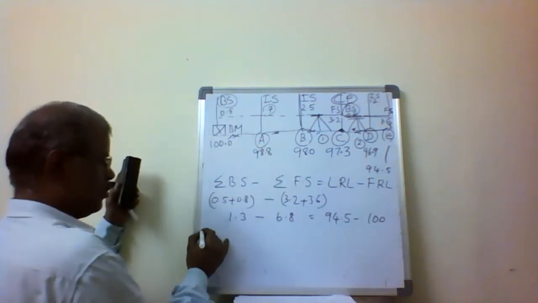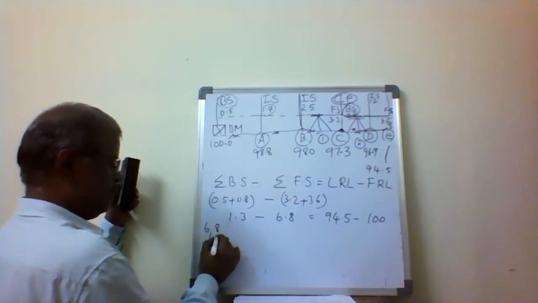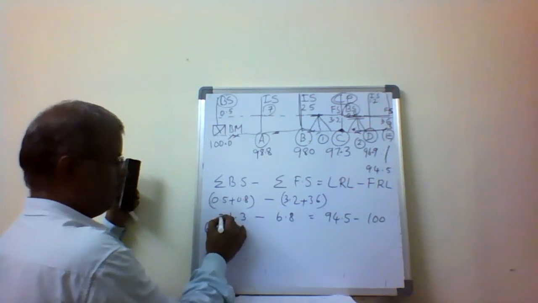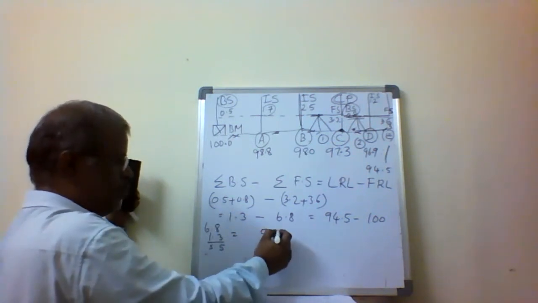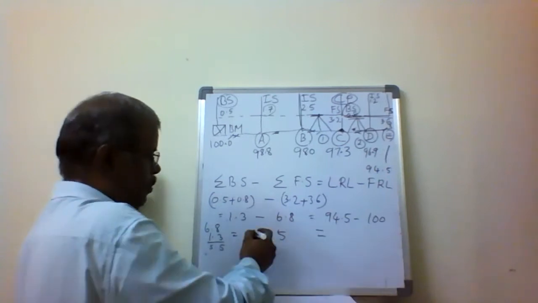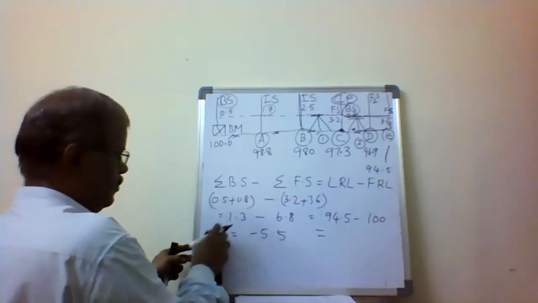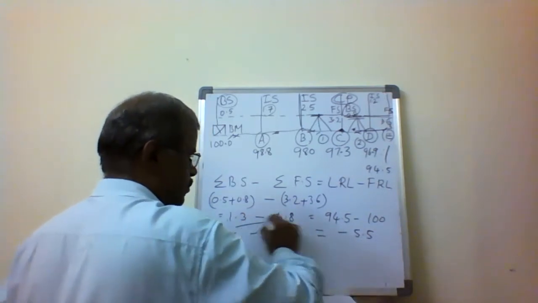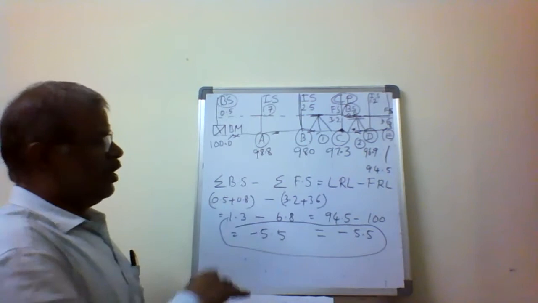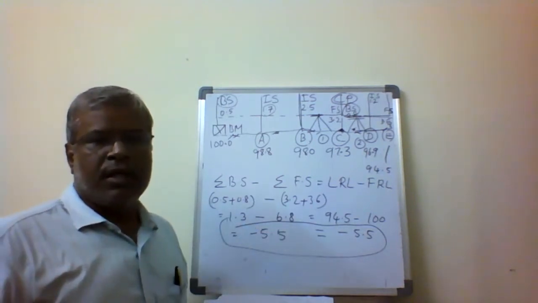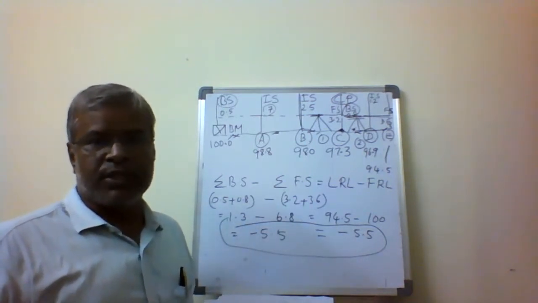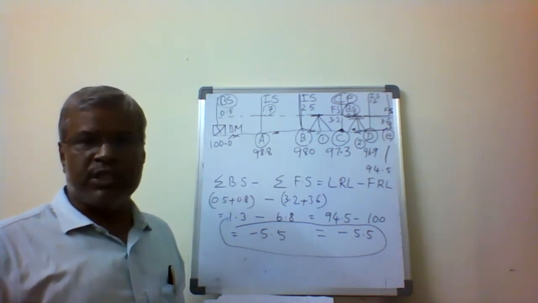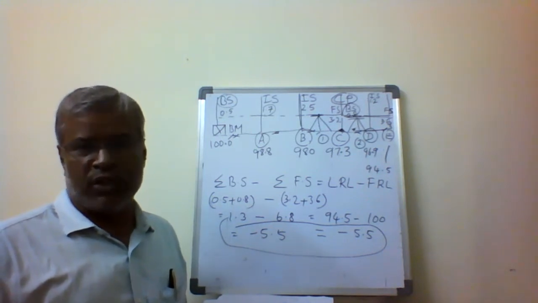So 6.8 minus 1.3 is 5.5, giving minus 5.5 here, and here also minus 5.5. The arithmetical check is proved. Sigma backsights minus sigma foresights equals last reduced level minus first reduced level.